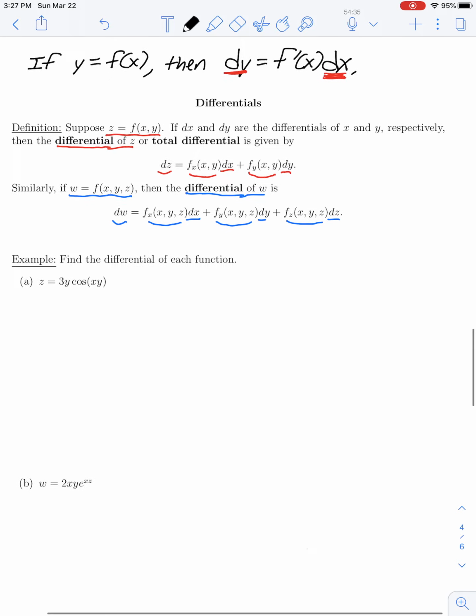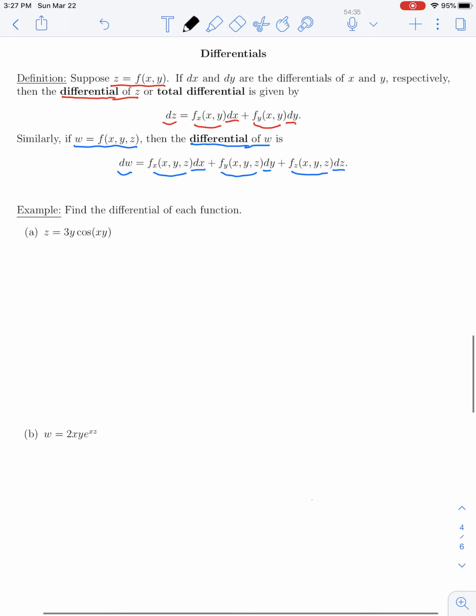So let's look at some examples of finding differentials of these multivariable functions. In this first example, part A, we have z defined as 3y times cosine of x times y. So this is a function of 2 variables, x and y.